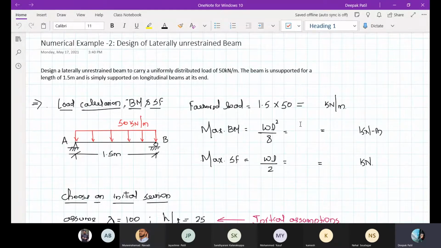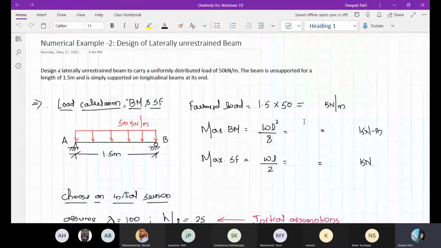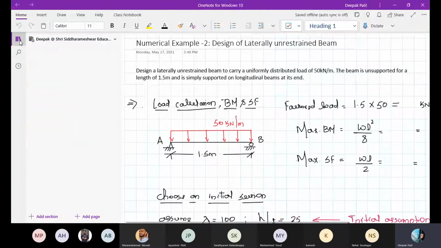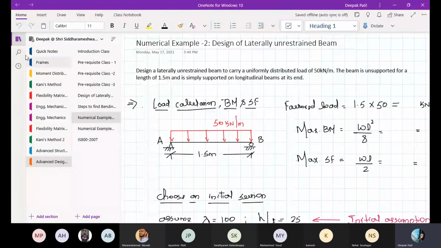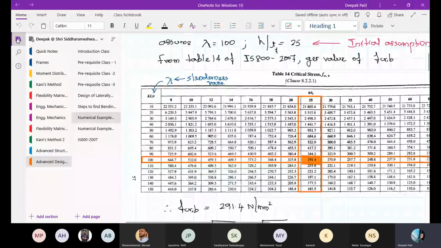Right. So good morning. Welcome everyone for one more class on advanced design of steel structures. In the previous class, I started with a numerical example on finding the elastic critical moment for lateral torsional buckling.